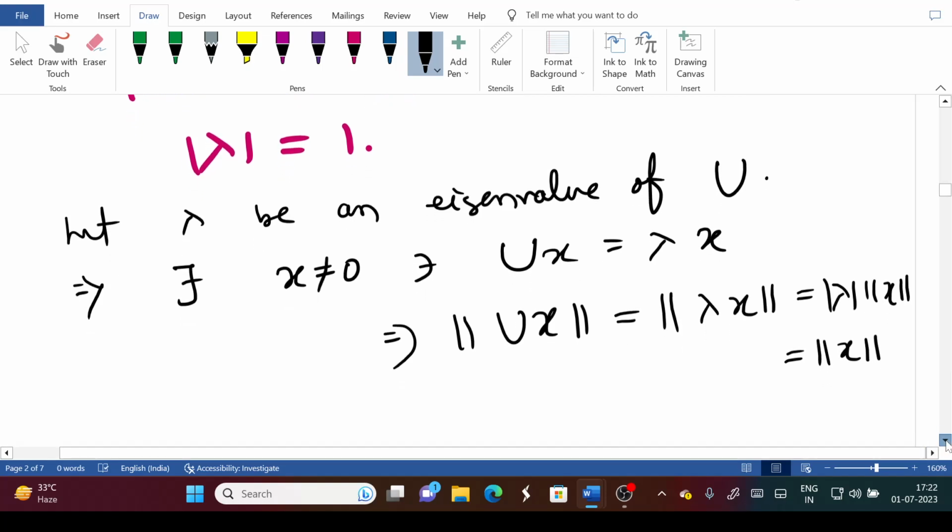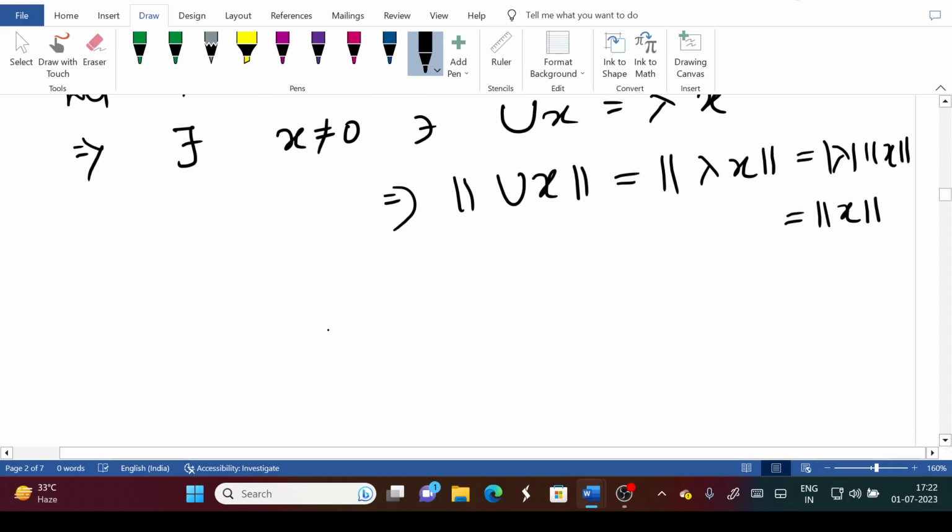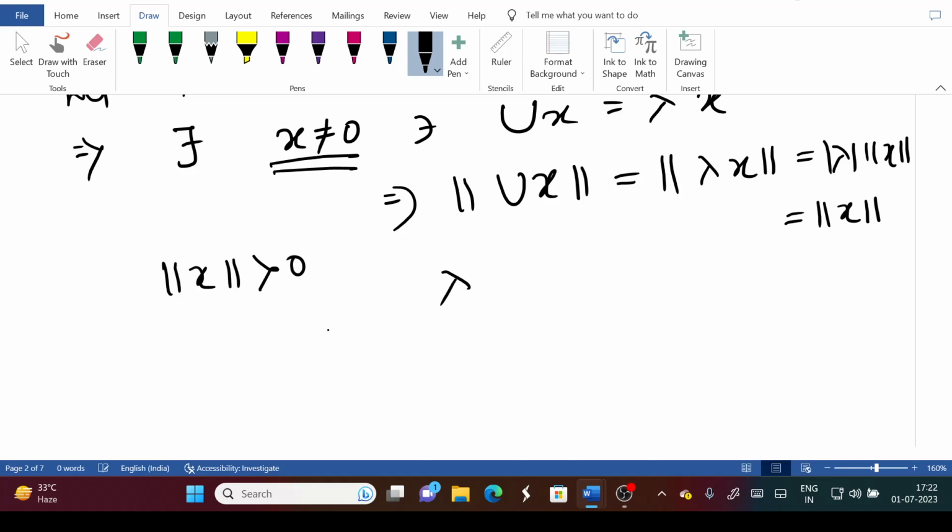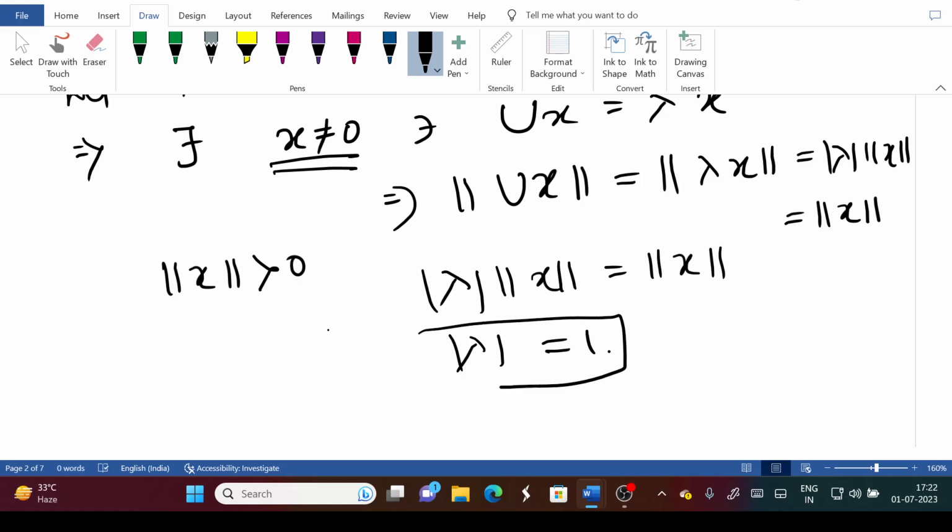Since x is non-zero, its length is strictly greater than 0. Now, mod lambda into length of x is equal to length of x, which I can divide on both sides, so that I get mod lambda is equal to 1. It was to be proved, hence proved.